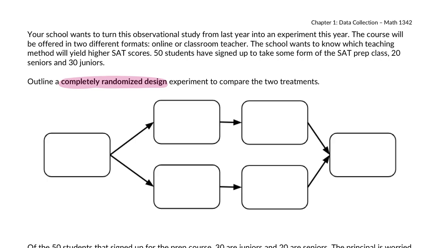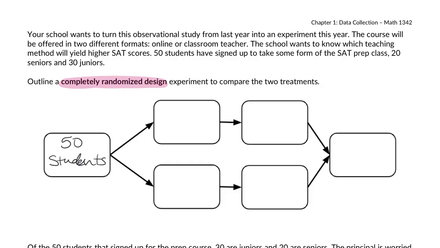Because last year we saw there was an association between taking a prep class and higher scores, now we're really trying to see if the type of course has some sort of causation. So to design our experiment, we're going to start with the 50 students who signed up to take our class. This is our sample size.